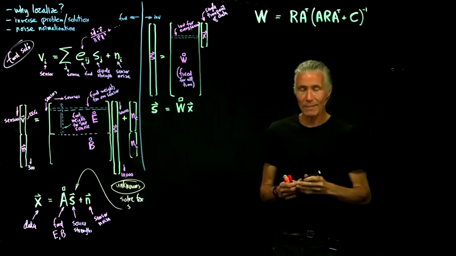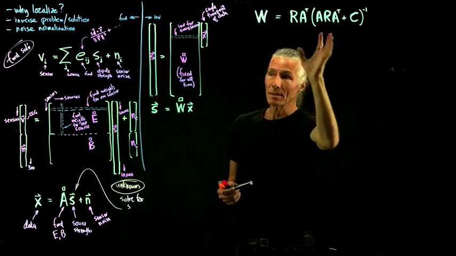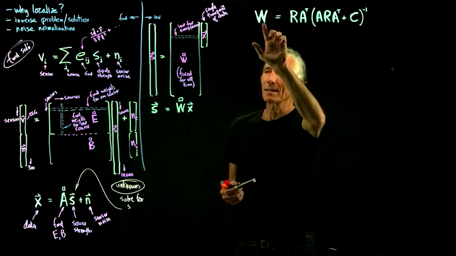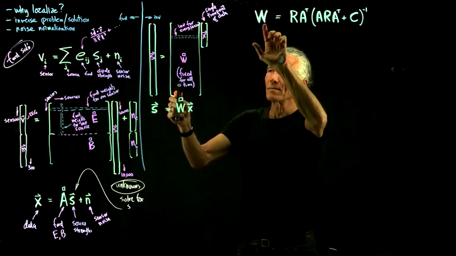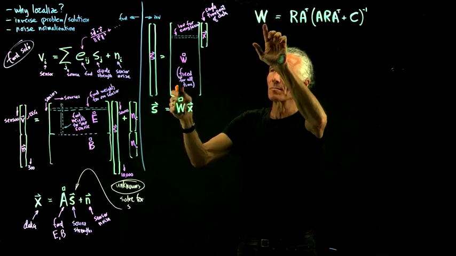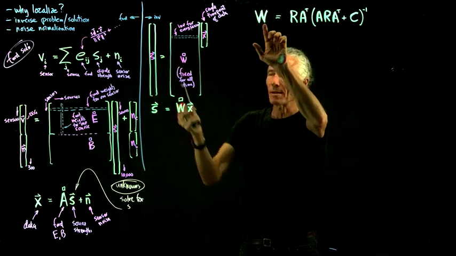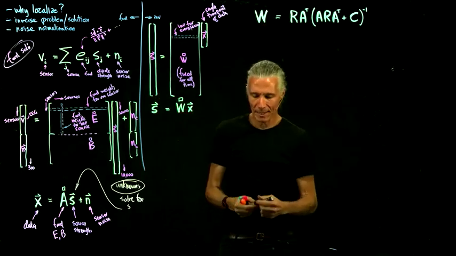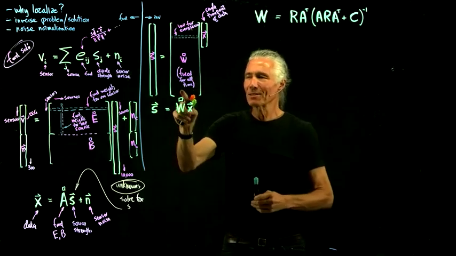So this is how we calculate, so it's just a linear operation, but this is how we calculate this inverse solution matrix that allows us to sort of multiply any data point in order to get where all the sources are. So now the question comes, where do we get all those extra numbers from?